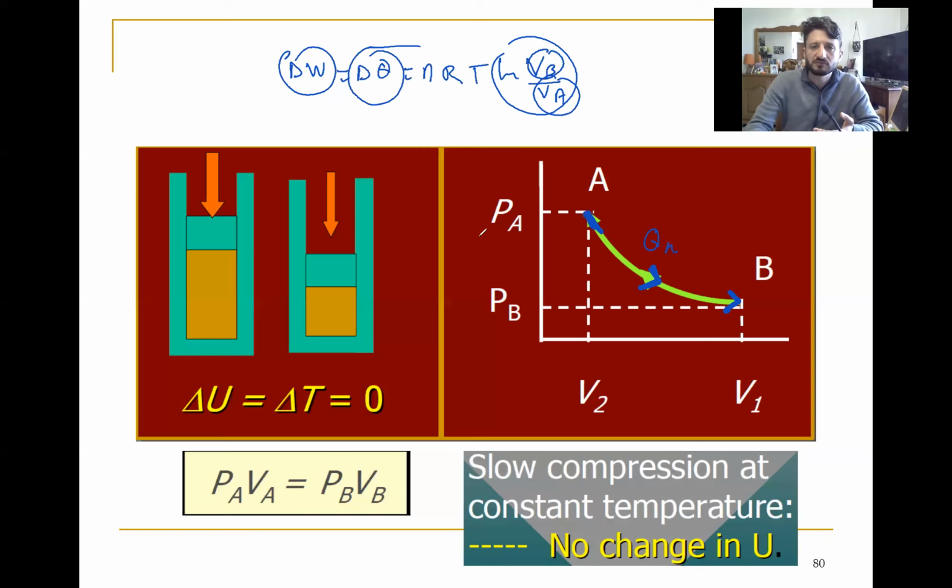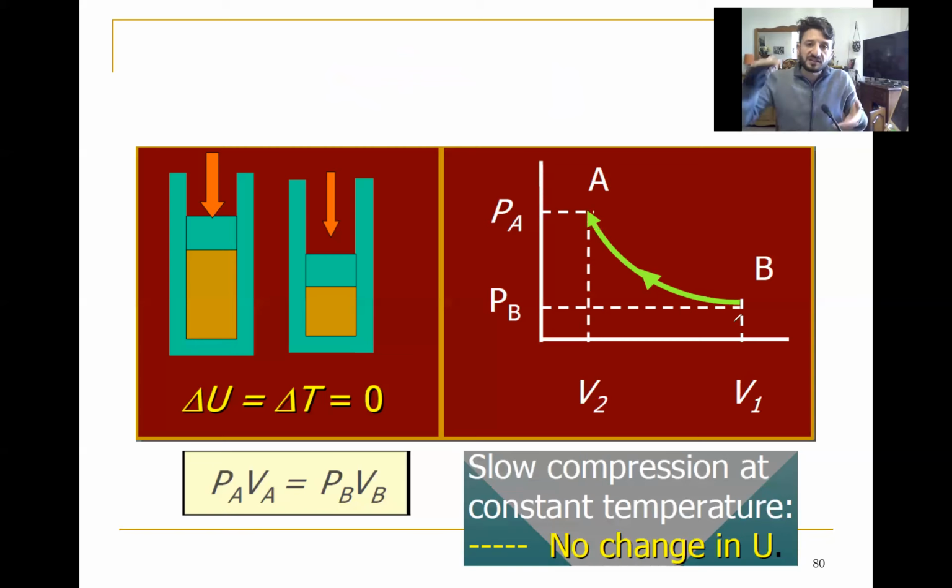Without calculation, you can say if we decrease the volume, we increase P and T in general. Why? Because you have PV equals nRT. If we decrease the volume, you have to increase P and T. To keep T constant, we have to release a quantity of heat.